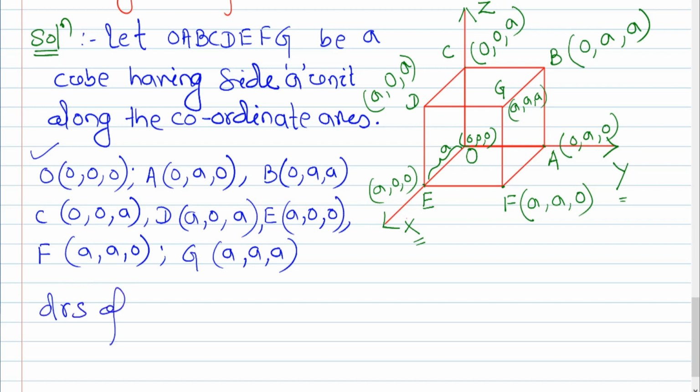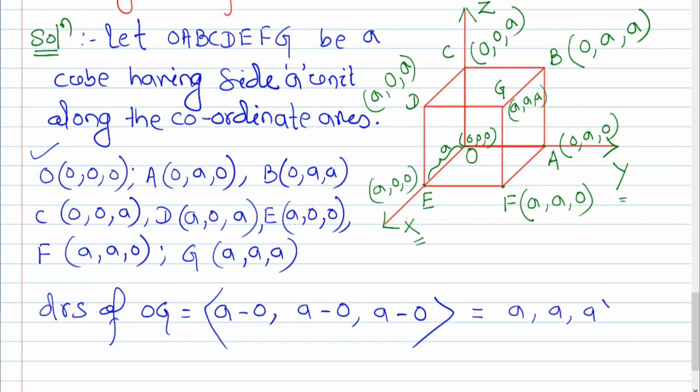DRs of OG is A minus 0, A minus 0, A minus 0, because G has the coordinates A, A, A and O has the coordinates 0, 0, 0. So the DRs are A, A, A. Okay, next DRs of EB.